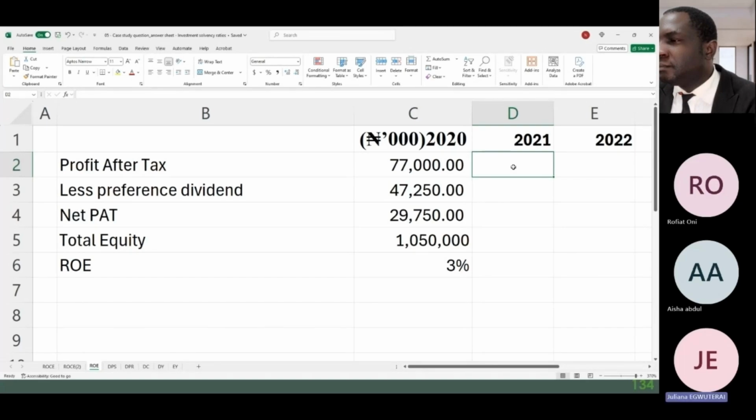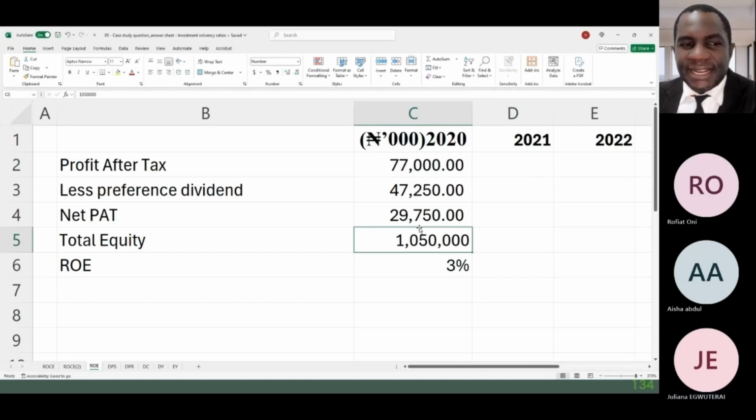So total equity, you still added the preference share capital. Exactly. So maybe you didn't catch me very clearly. I said in the calculation of return on equity, preference share capital is included because it's part of the equity that was provided. And if you notice, we are deducting the preference dividend, and we didn't deduct it in return on capital employed because it was excluded in return on capital employed.